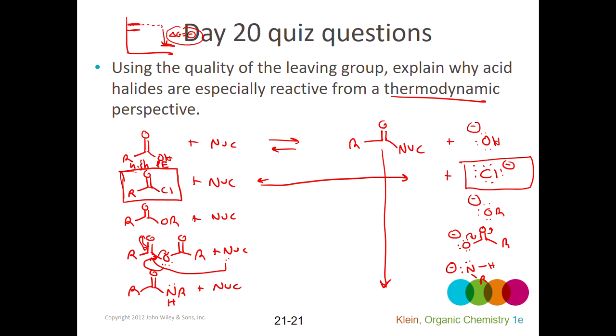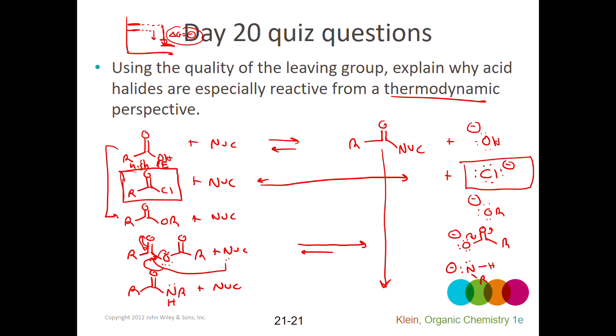Not as stable as the larger atom, which can stabilize a negative a lot better than the smaller atom, but the resonance does help to stabilize it a lot. So it might be here, still a negative delta G, but maybe not as negative. This one is still going to be pretty product favored, but maybe not quite as much as the acid halide.